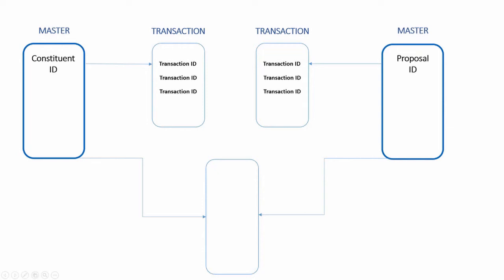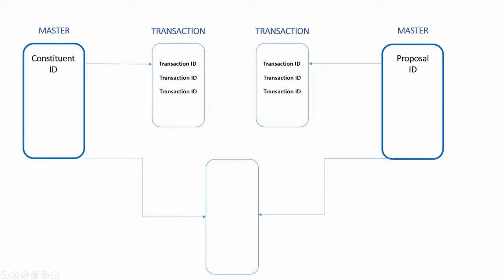One is the module approach that we're now familiar with, which we see with Raiser's Edge 7 and NXT, as well as Neon CRM, and can be built into a Salesforce implementation. The module approach functions much like the event and volunteer jobs that we've just discussed. There's a dedicated interface for managing major gifts with major gift-specific reporting options for segmentation and analysis, as well as the ability to directly link a proposal with transactional records like gifts, tasks, notes, and other secondary tables like appeals and funds.